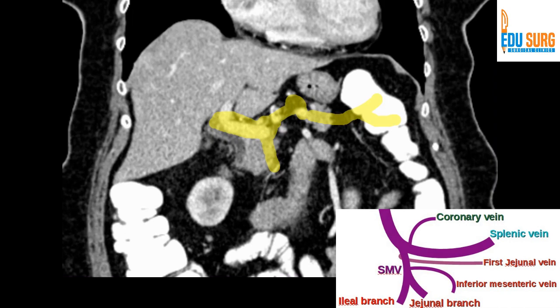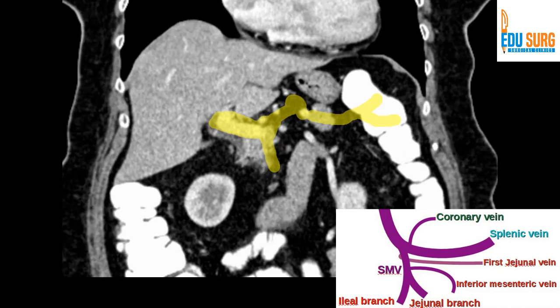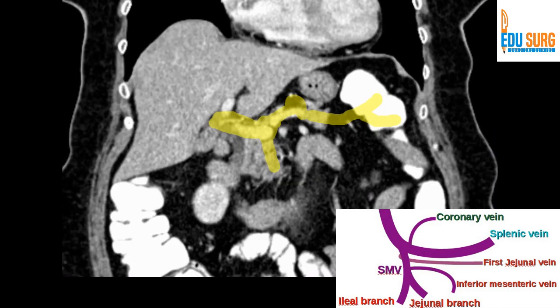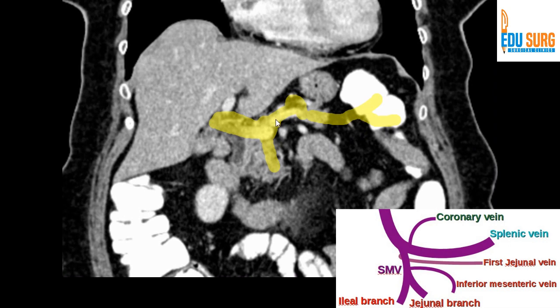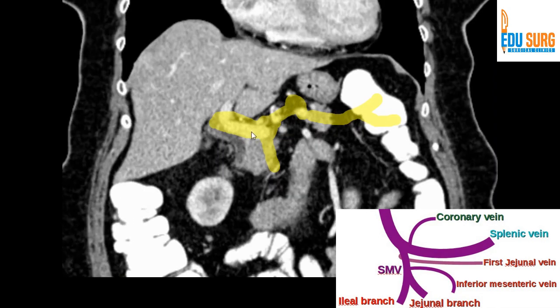This is your portal vein. So see the anatomy again. Superior mesenteric vein and splenic vein both unite and form the portal vein, right?